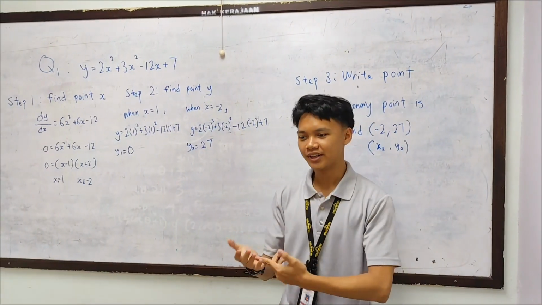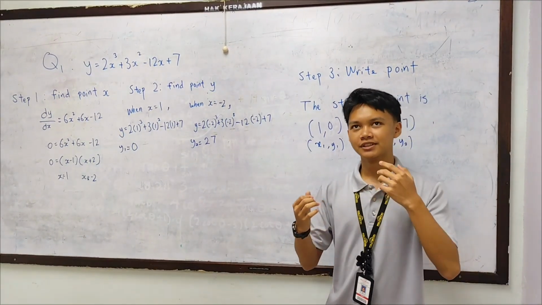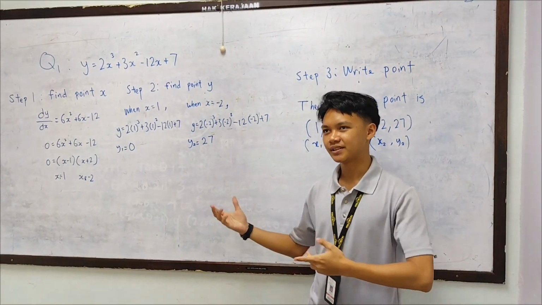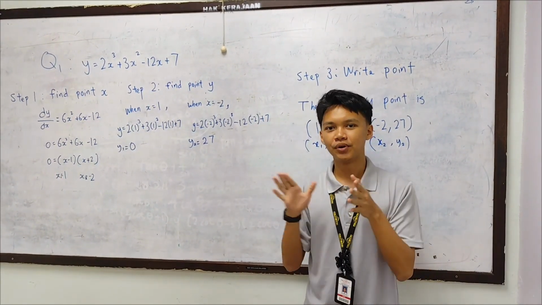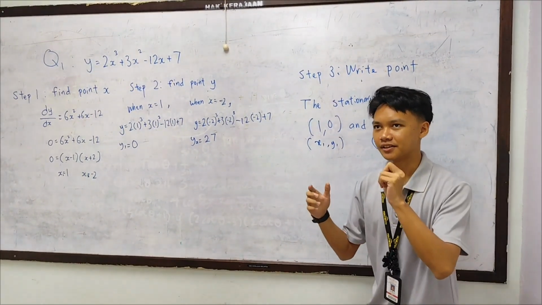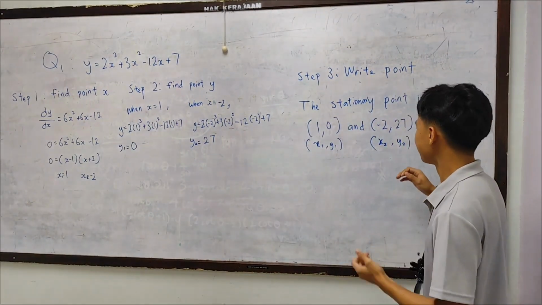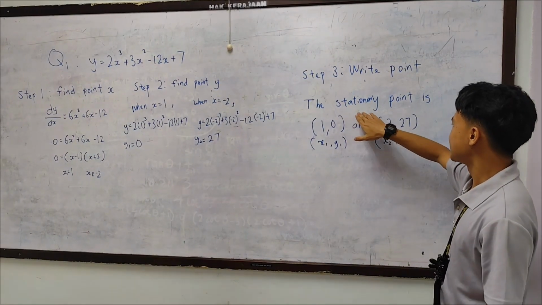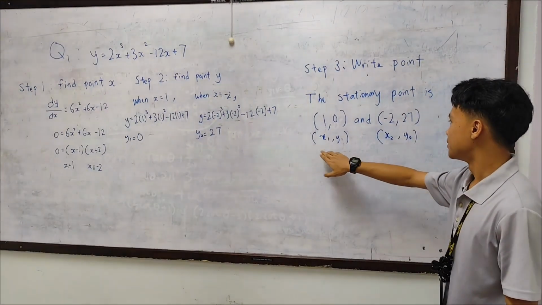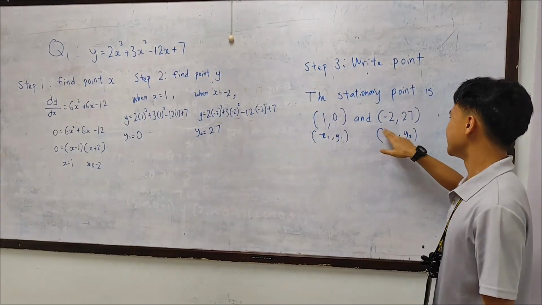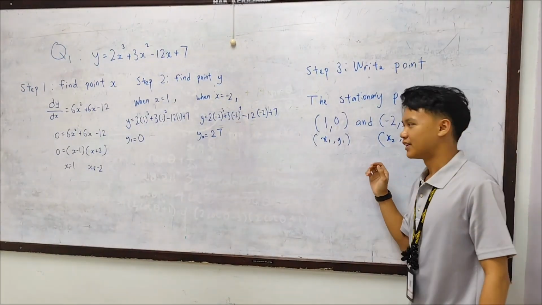From step 1 and step 2, we take the answers and make them into points and write them as a sentence. The stationary points are (1, 0) and (-2, 27).